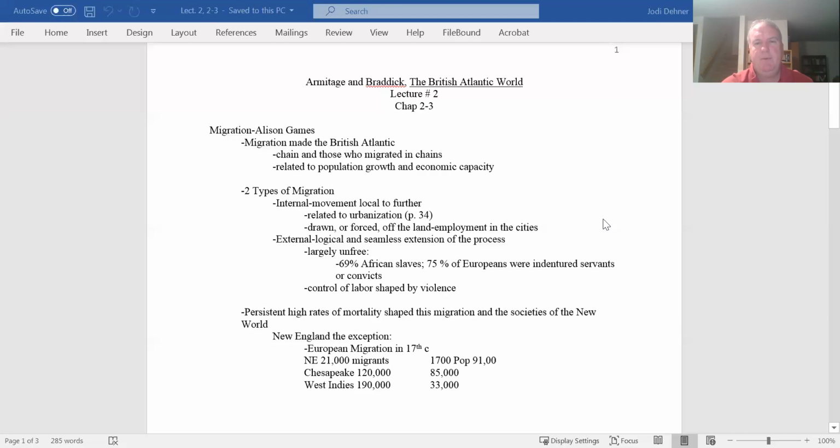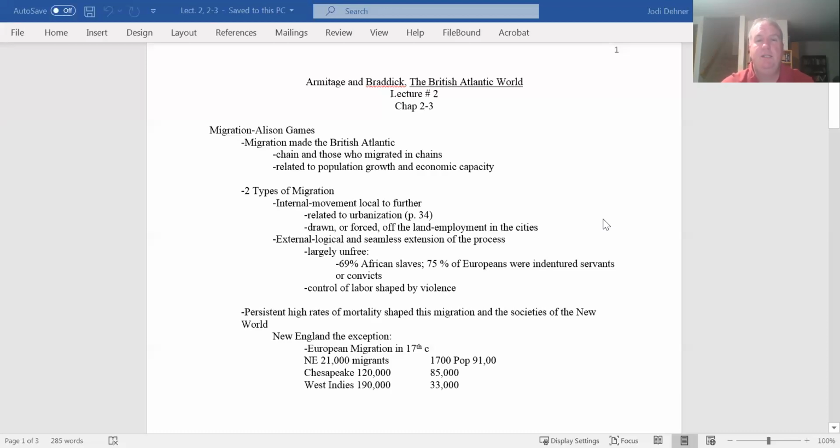But a lot of this is people who are forced off the land as the landowners shift from a system that was largely little more than subsistence farming. Peasants could grow enough to feed themselves, and they had a little bit of surplus that the landlord could sell. But the landlords determined they could make more money raising export goods like wool. So they began to force the peasants off the land. And when they forced these people off the land in what's known as the Enclosure Movement, what are they going to do?